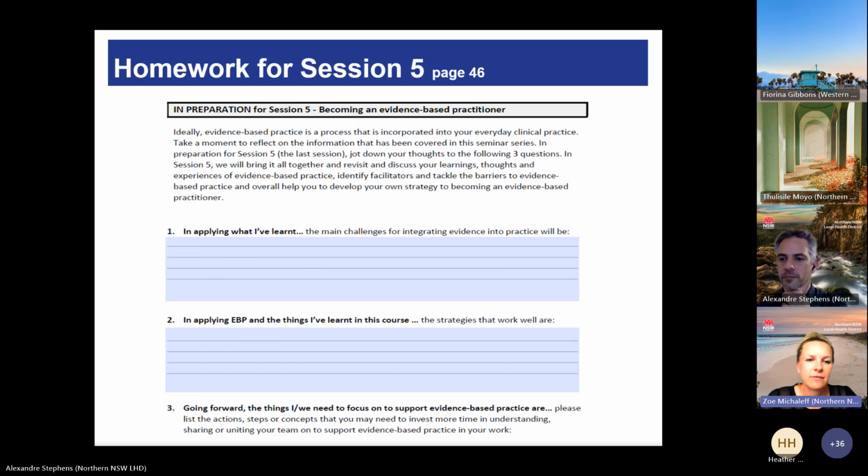We'd appreciate if you take a few minutes, it might be on your drive home or just before the session, to ponder these three questions. They are on page 46 of your workbook. You might like to jot some ideas down about what you've learnt over the previous 4 weeks, and how you might think about applying them to your clinical workload and everyday life.